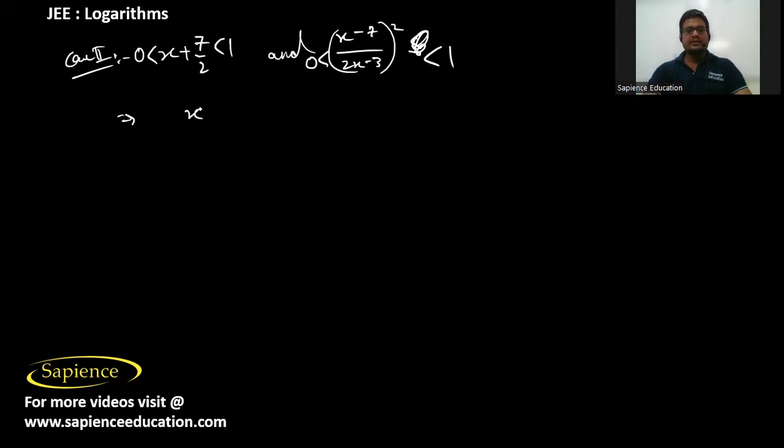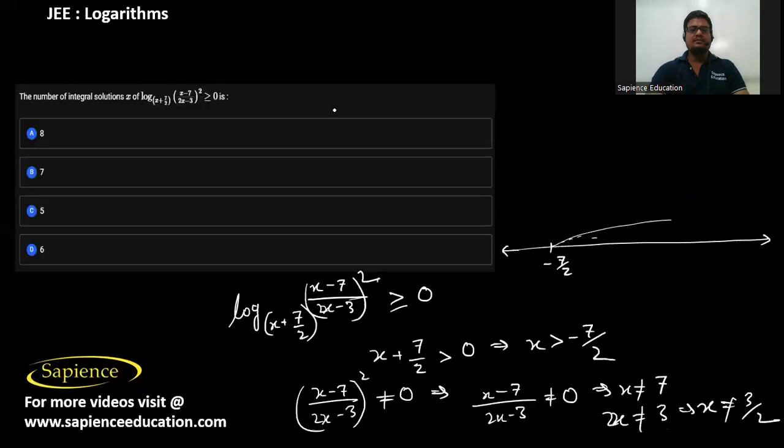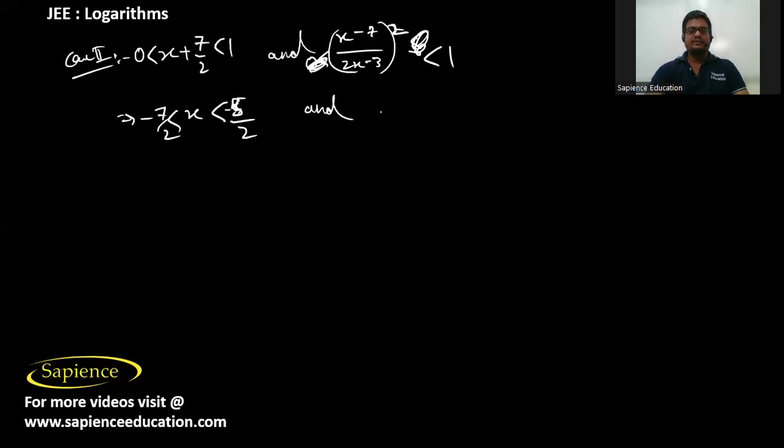So from here we get x should be greater than -7/2 but less than -5/2. And here, since it is a square number, it will obviously be more than 0 only, since x should not be 7. Here we have already told that. So it means that x minus 7 whole square should be less than 2x minus 3 whole square.